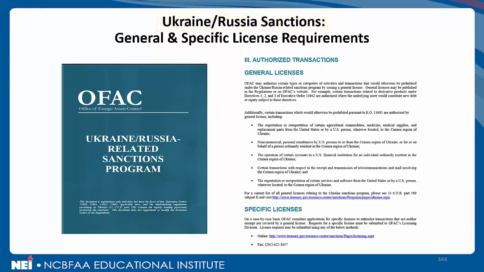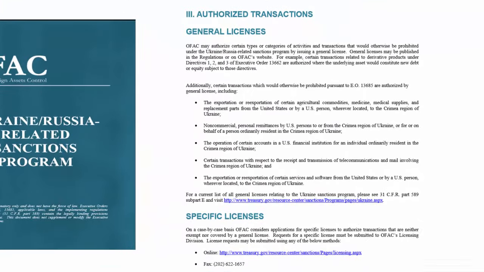We go to the OFAC webpage, we bring up Ukraine-Russia, click on it, leads us to this information. What are we looking at? Well, authorized transactions under general license. We will note that it's broken down by general and specific licenses by country. OFAC may authorize certain types or categories of activities and transactions that would otherwise be prohibited under the Ukraine-Russia related sanctions program by issuing a general license.